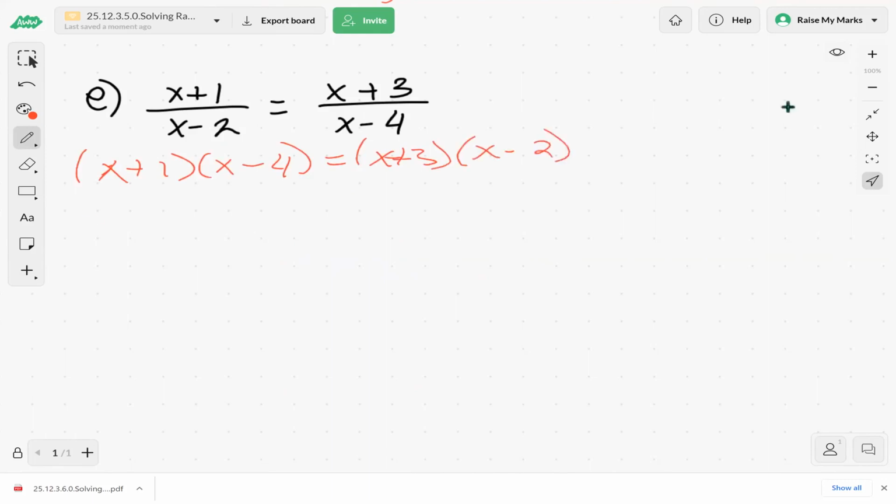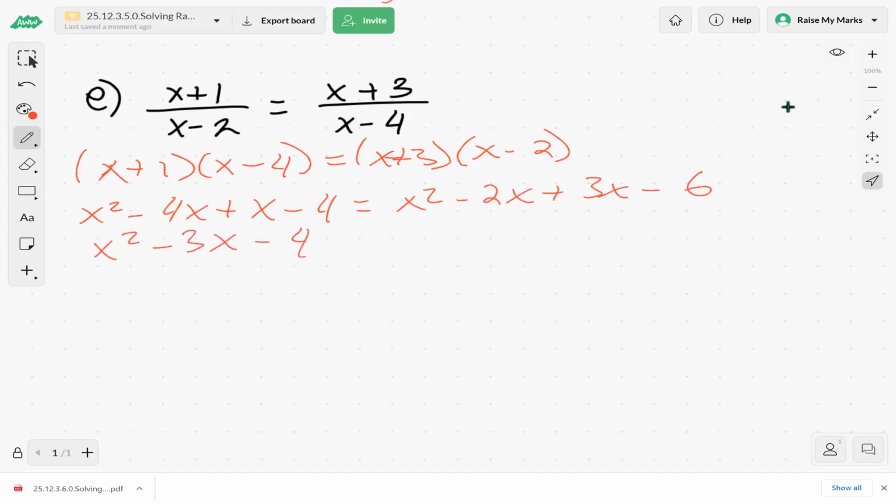Let's multiply everything out. We get x squared minus 4x plus x minus 4 equals x squared minus 2x plus 3x minus 6. Let's group like terms. x squared minus 3x minus 4 equals x squared plus x minus 6.